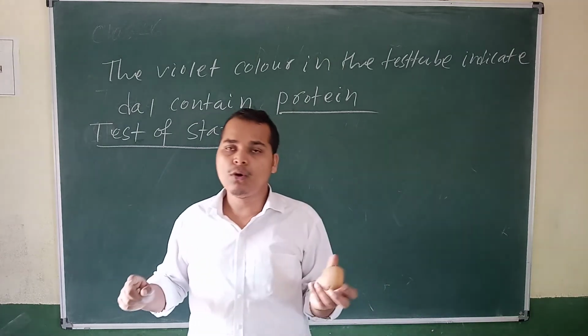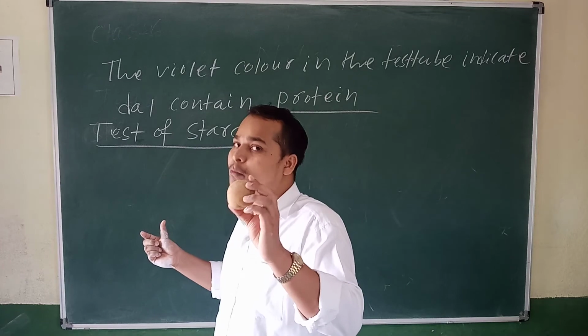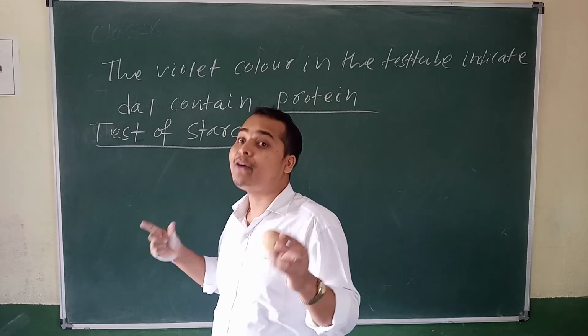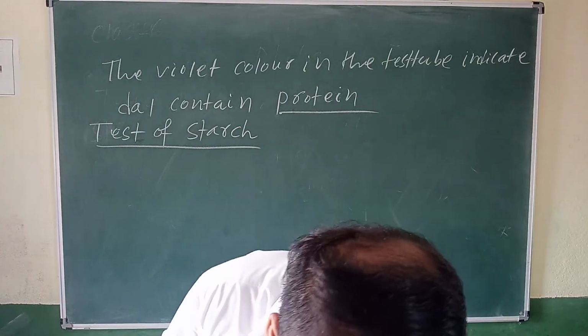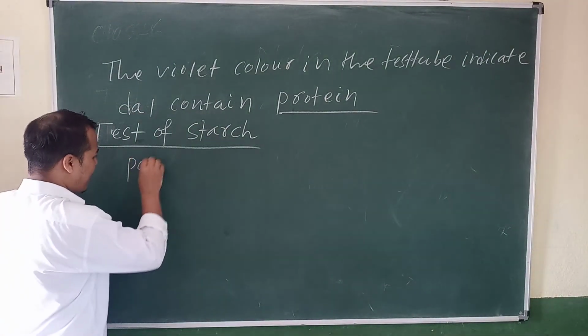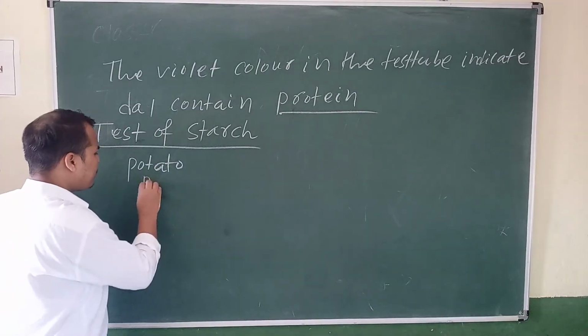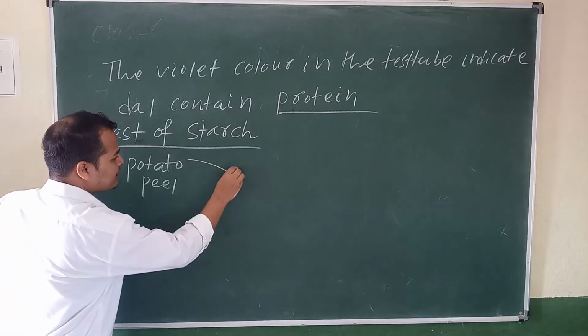Yes or no? So let's discuss, is this potato starch, fat or carbohydrate? So first what to do? First take a potato, a potato peel or one piece of potato.